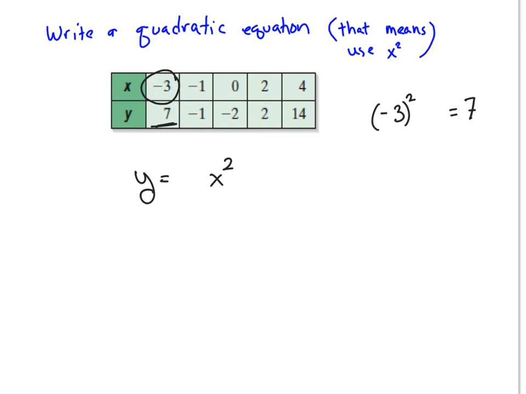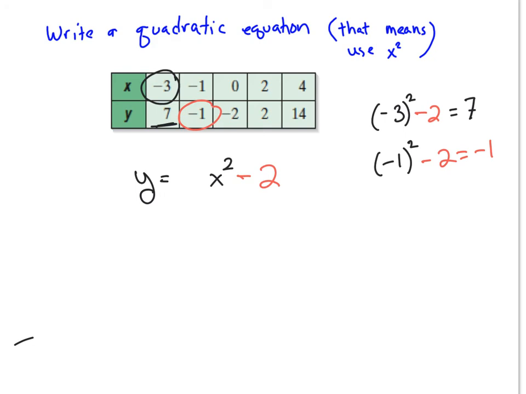So if I look at this, -3 squared is 9. Well, what do I do to 9 that makes it 7? And some of you are saying, well, I bet you could subtract 2. So we're going to try that, x squared minus 2. Check to see, does that work for all of the other numbers? If I take -1 and I square it, do I get it to equal this -1?